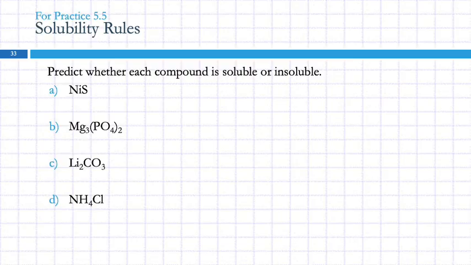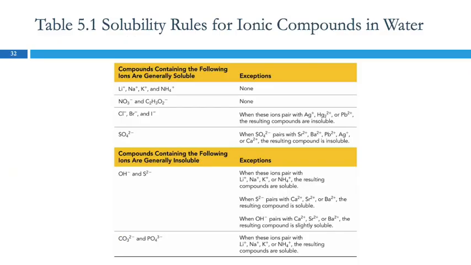So we should be able to answer questions like this. Predict whether each compound is soluble or insoluble. Nickel sulfide. We're going to go to the table, and we're looking for nickel ion and sulfide ion. We go through the top, not seeing any of those.